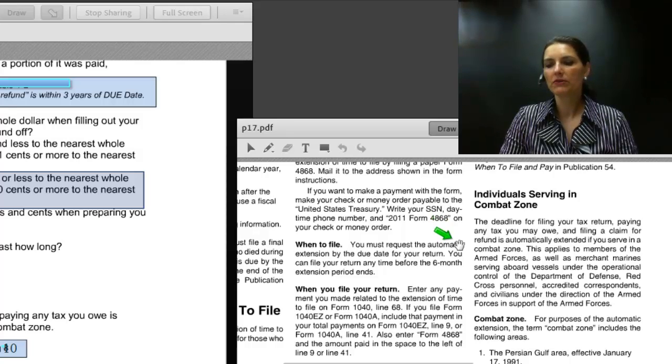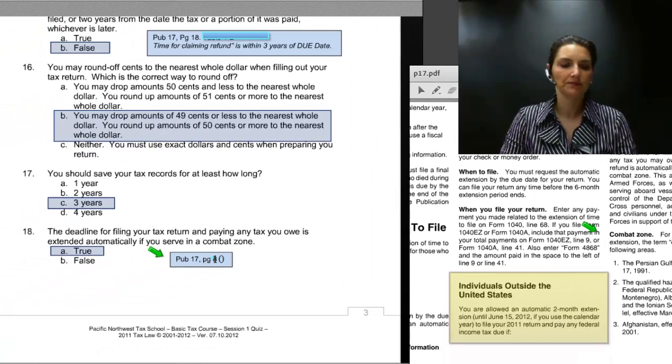This applies to members of the armed forces as well as to merchant marines serving aboard vessels under the operational control of the Department of Defense, Red Cross personnel, accredited correspondents, and civilians under the direction of the armed forces in support of the armed forces. And then it goes on to describe more information about what is a combat zone.